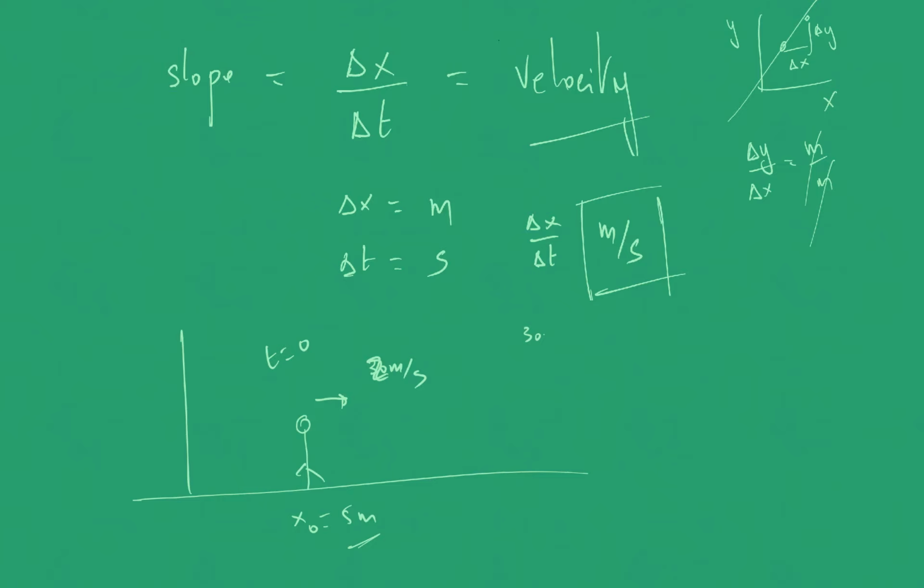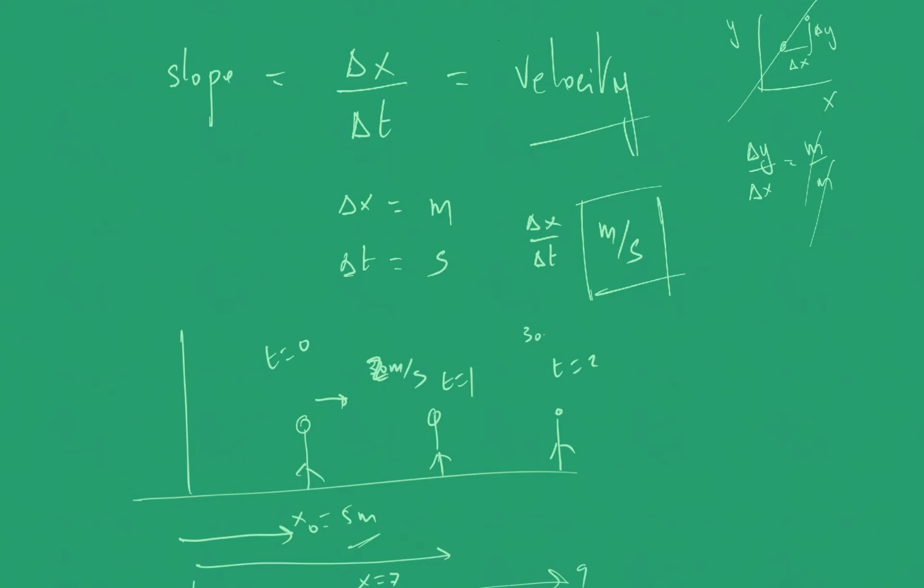So after 1 second, he will be at 7. So the guy at t equal 1 will be at the position x equals 7. At t equal 2, every second he moved 2 meters, so he ended at 9.